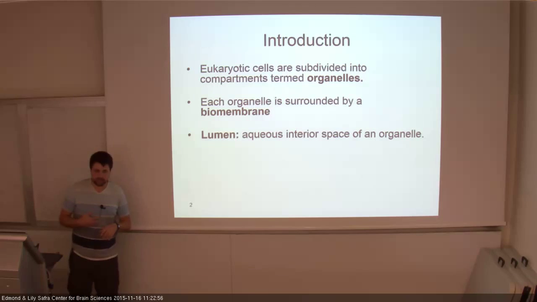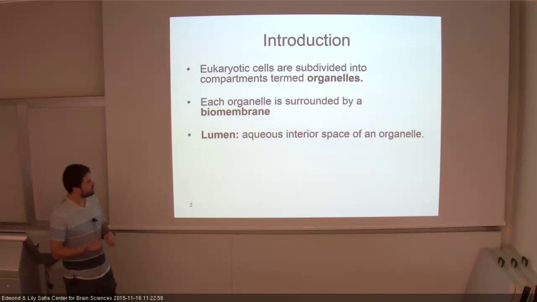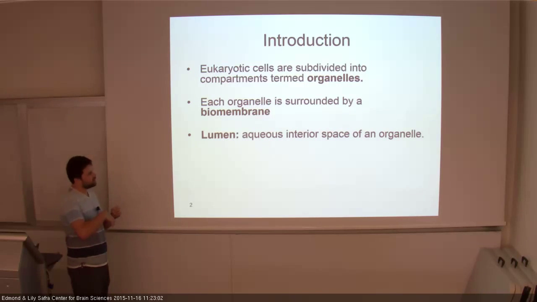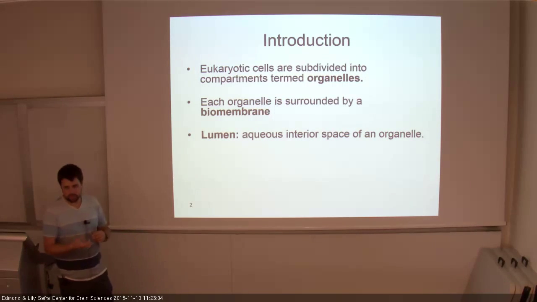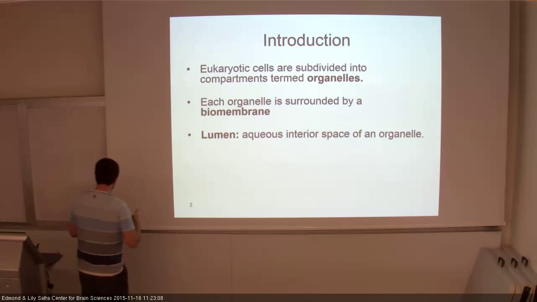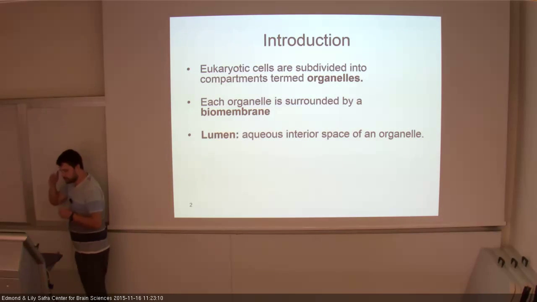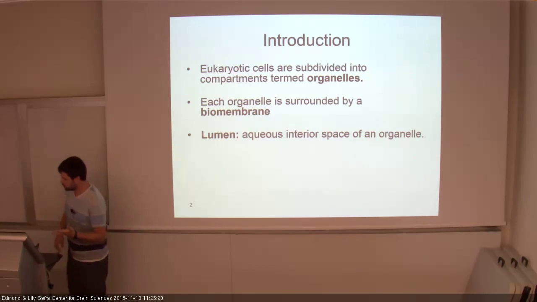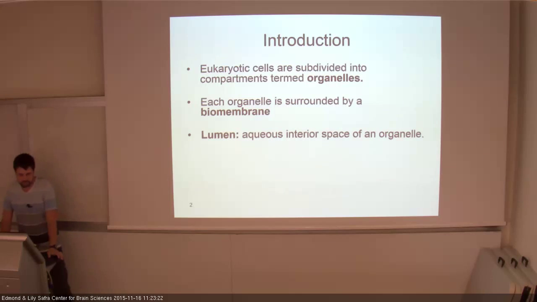This is just for general terms: when we say a lumen, we will mean the aqueous interior space of an organelle or a cell. In general, we'll use a lot of terms to describe the intracellular domain, or cytosol, many terms that people use to describe the interior of the cell or organelle.